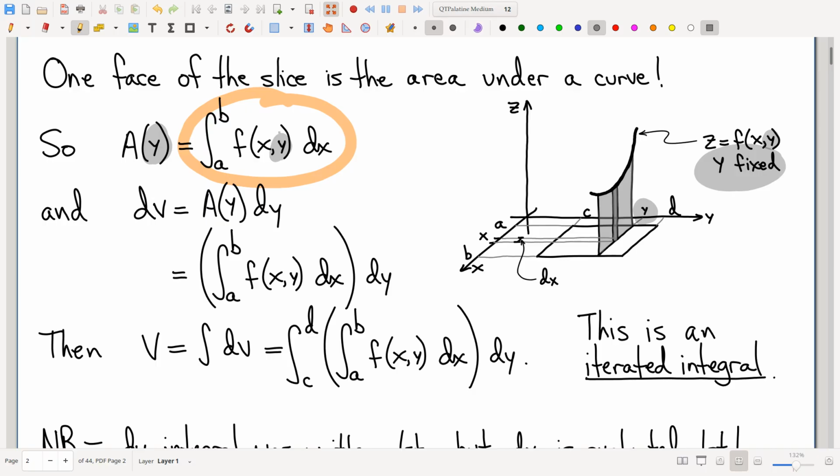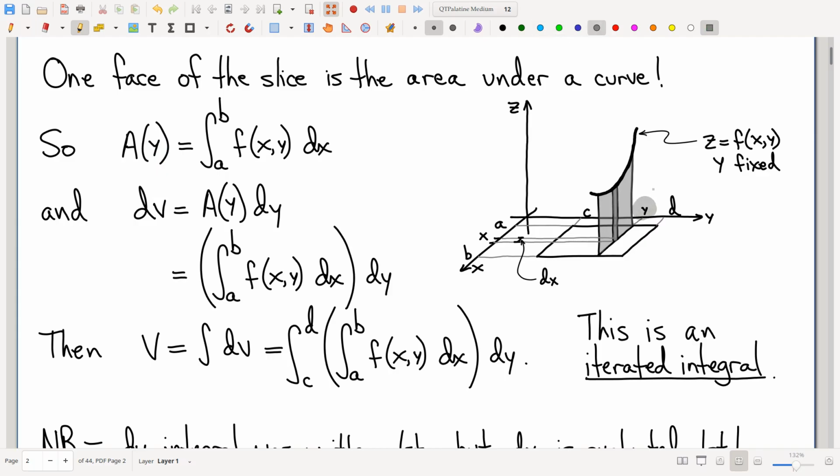Wouldn't y have to change? Yeah, that's right. Eventually, it will have to change, so we'll get to that. But for a given value of y, I have to pick a value. If you were to ask me what's the cross-sectional area, I would say which cross-sectional area, and you would say, okay, y equals 2.6, and then I would say, you want to know the cross-sectional area where y is 2.6.